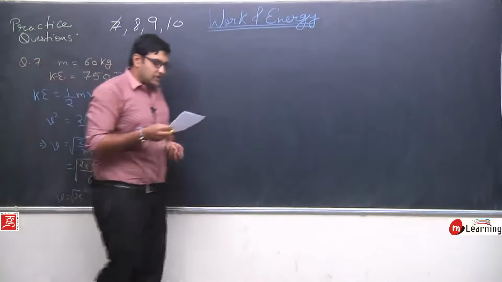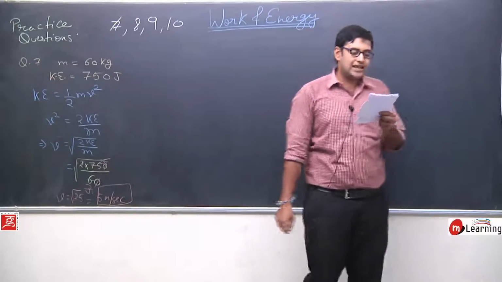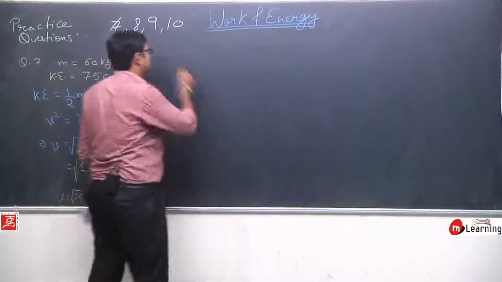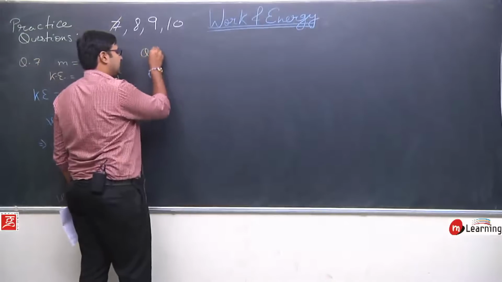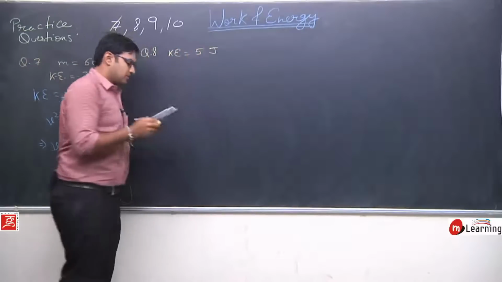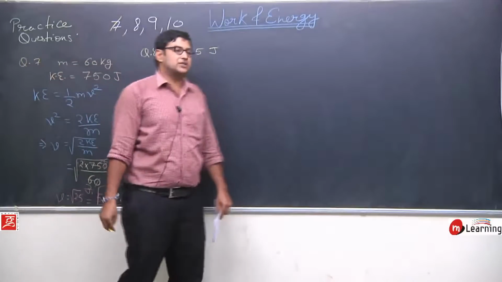Let's see question number 8. Find the mass of a body which has 5 joules of kinetic energy. So in this question, kinetic energy is given as 5 joules, while moving at a speed of 2 meters per second.